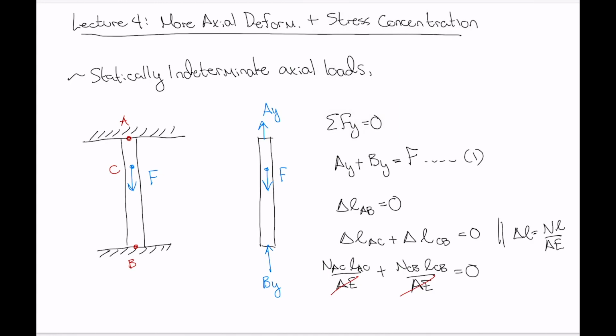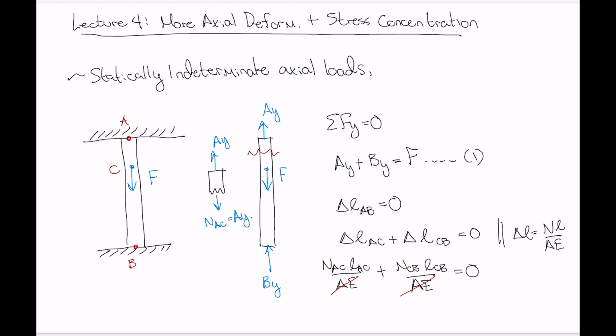For example, if we take our section cut through the object at that location, we can see that we have AY here, and the normal force N_AC must be equal to AY. So we can make that substitution, and then that will allow us to build up a second equation with the variables AY and BY in it.